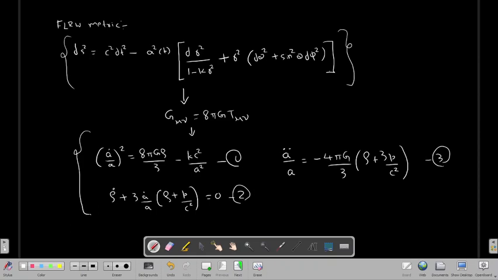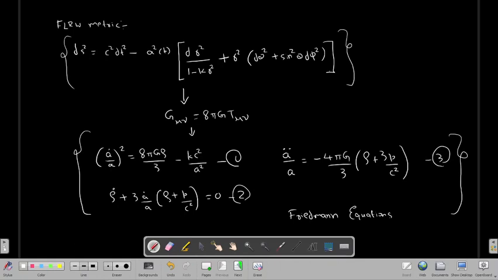This set of 3 equations is known as the Friedman equations. Using these equations you can understand the dynamics of the universe for various matter content. These are the 3 equations, number 1, 2 and 3, which you have to remember by heart always.